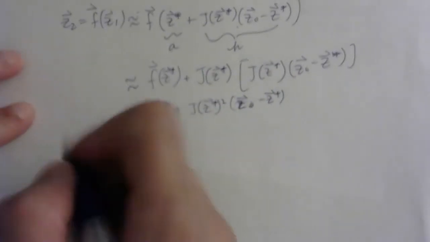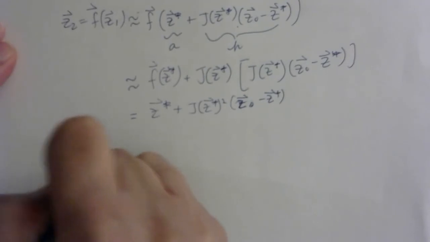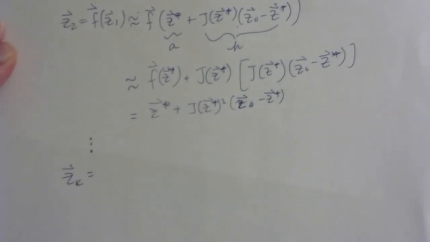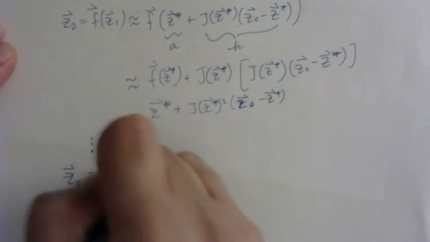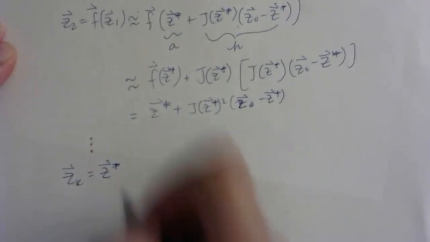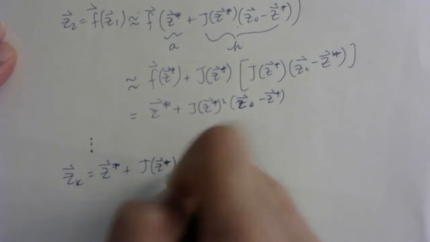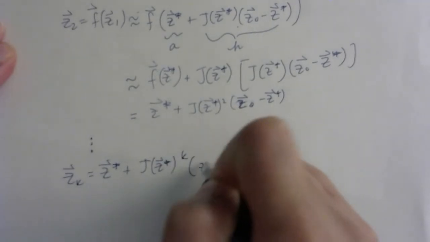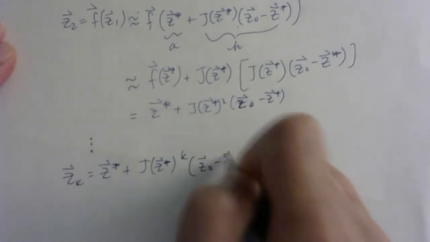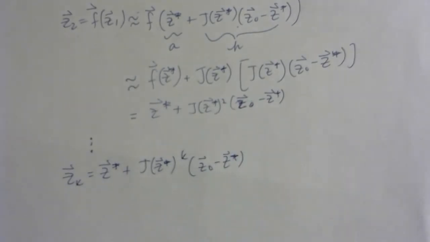If I want the kth step for Z, this is just going to be Z star plus the Jacobian at Z star to the k times Z naught minus Z star. So it still depends on how far you're starting from the equilibrium initially.